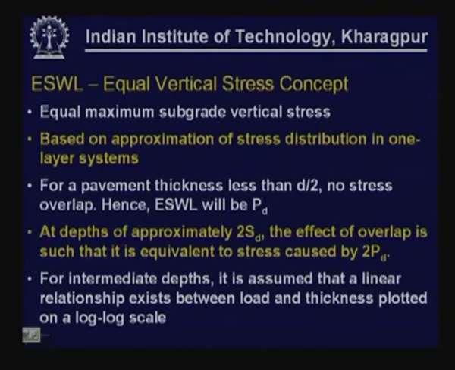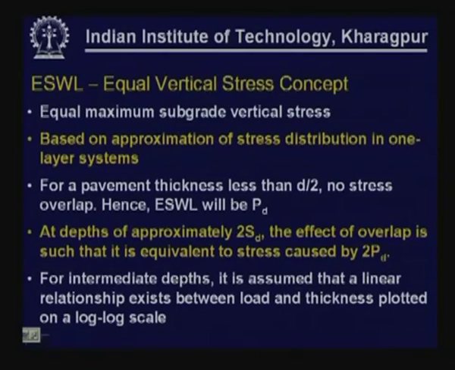For a pavement thickness less than D by 2, as we have seen in the previous slide, there is no overlap. Hence, the equivalent single wheel load will be PD, that is equal to one single wheel load. The other wheel load is not coming into the picture, its influence is not to be seen at smaller depths.